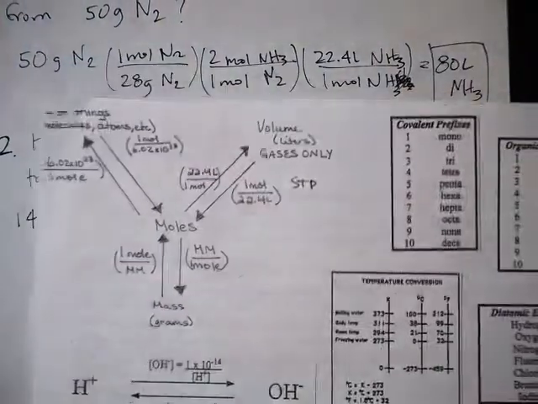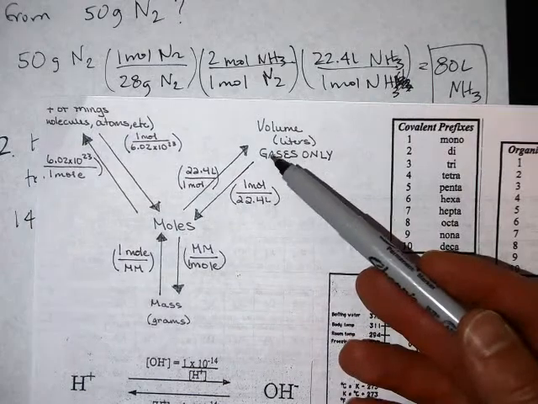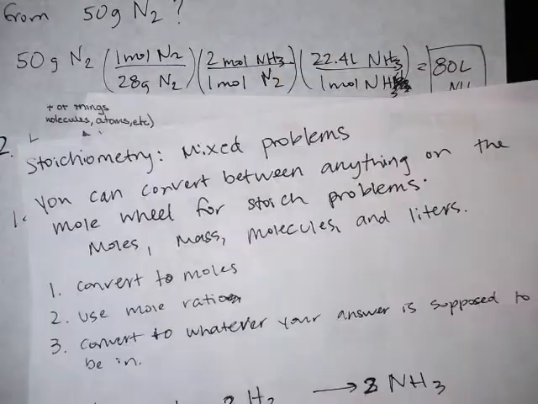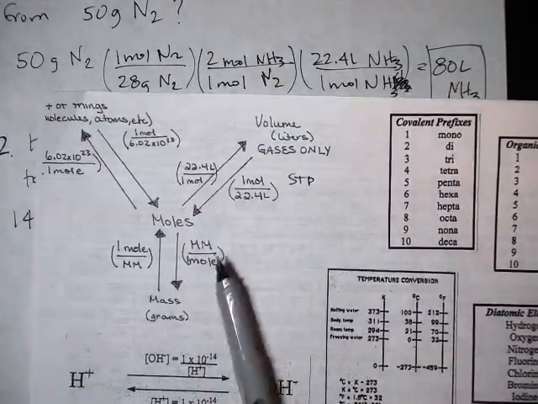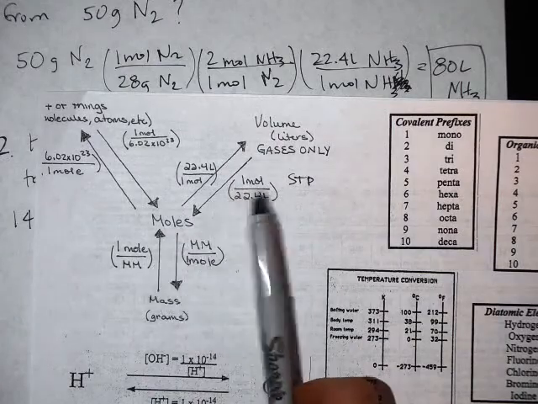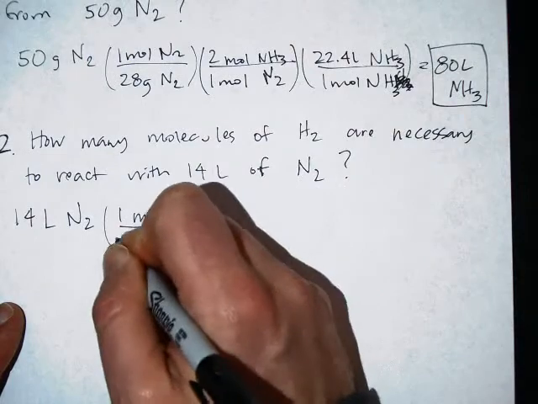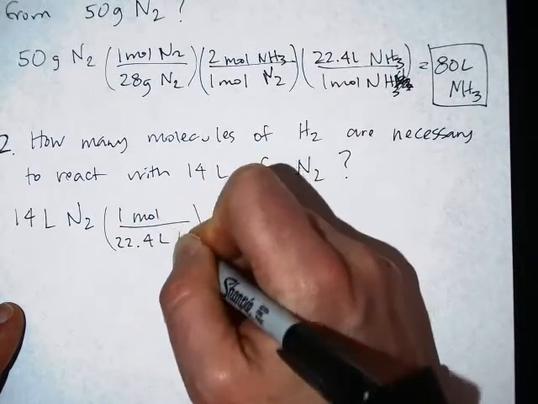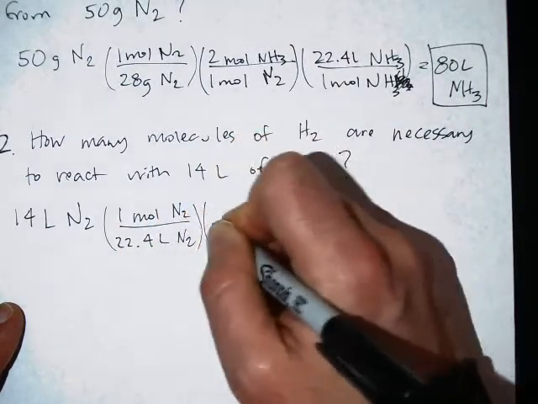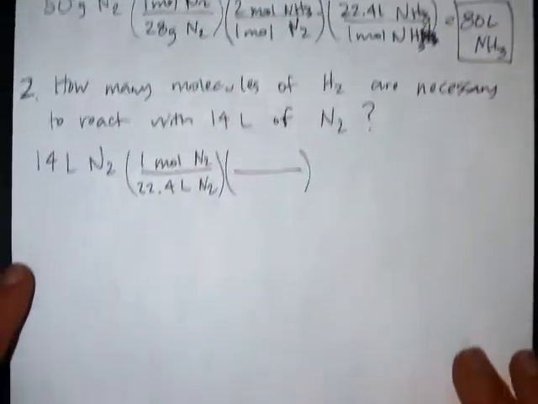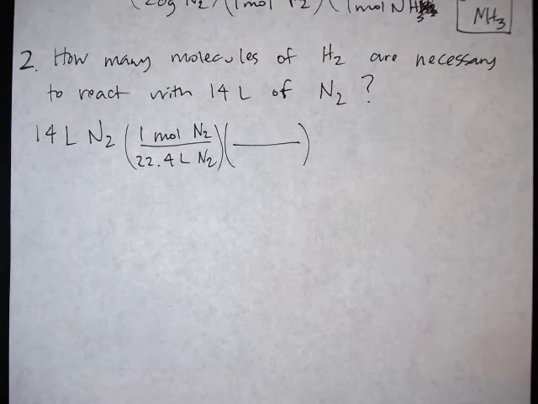On the mole wheel, you're right here. Liters. The first step is to convert to moles. So from liters to moles, 1 mole over 22.4 liters. That's step number 1.